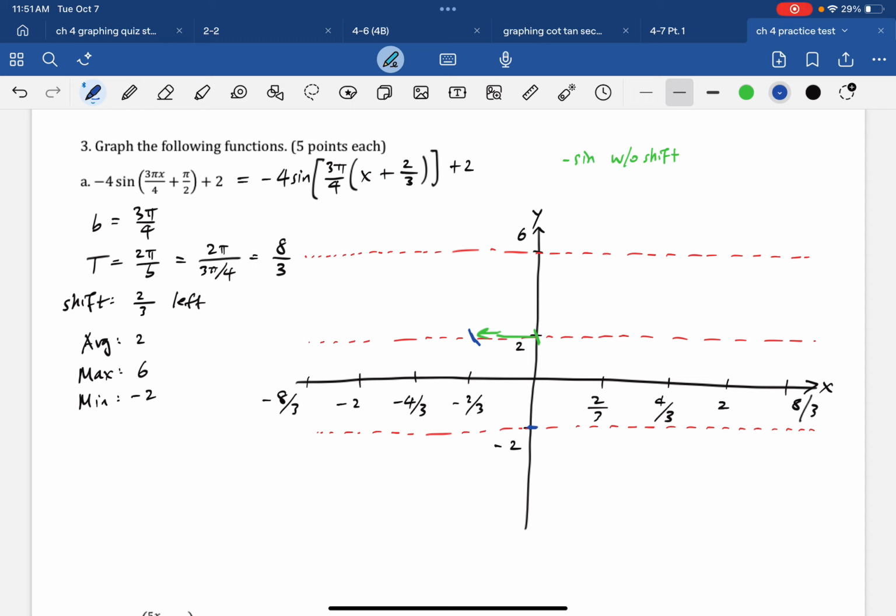So then I know it goes in the order that I already know, which is dip, intersection, peak, intersection. So I know it's going to go like so. The same on the other side. And now all I need to do is simply connect all of these dots. And so I'm done.